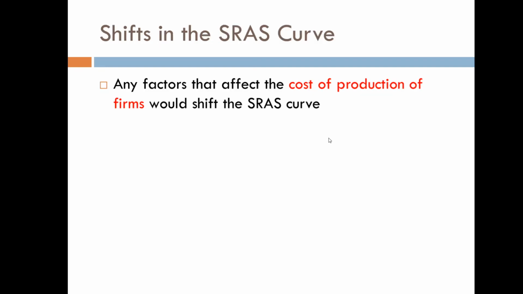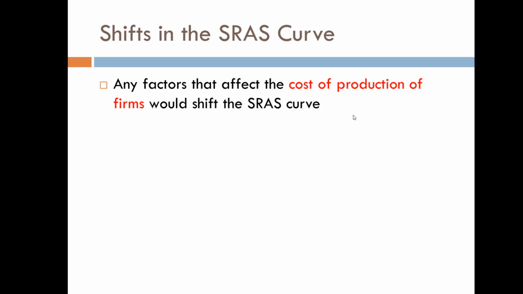So now we can talk about the shift in the short run AS curve. There's only one way the short run AS curve will shift. When there is a direct change in cost of production from the firms, then the AS curve will be shifted.